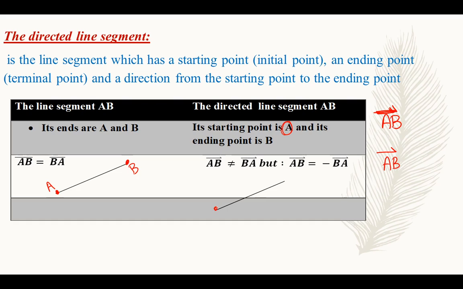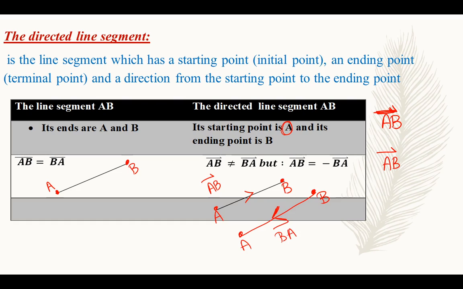Here, this is the directed line segment AB. But in the other example, you can find BA. This is the directed line segment BA. So the first one is AB directed line segment, and the other one is BA directed line segment.